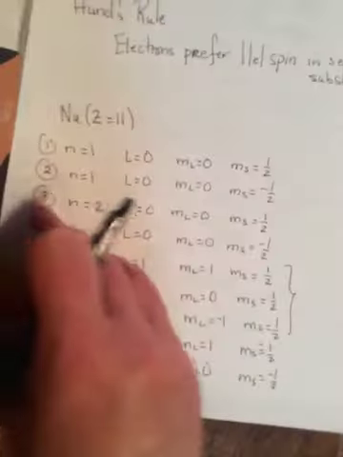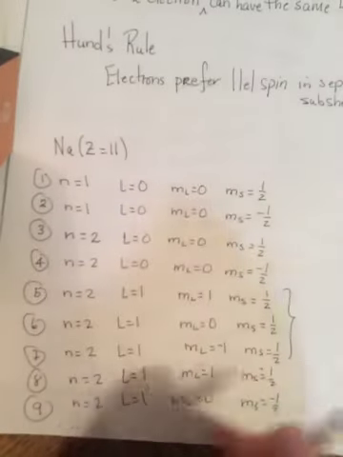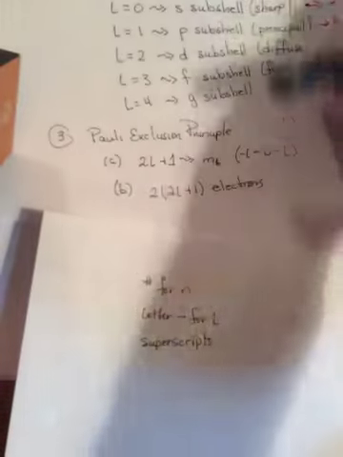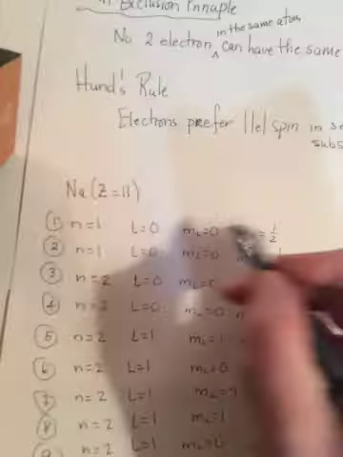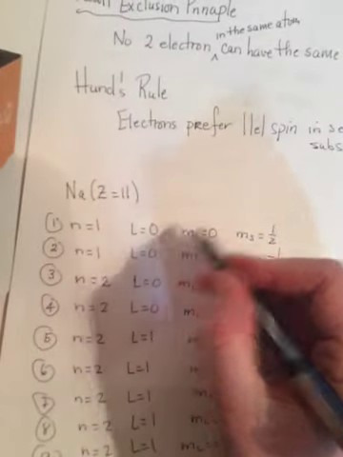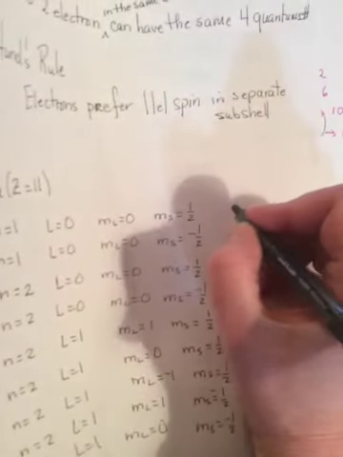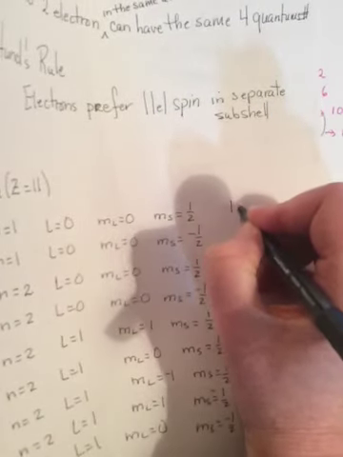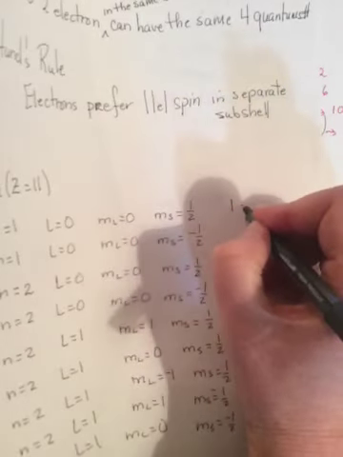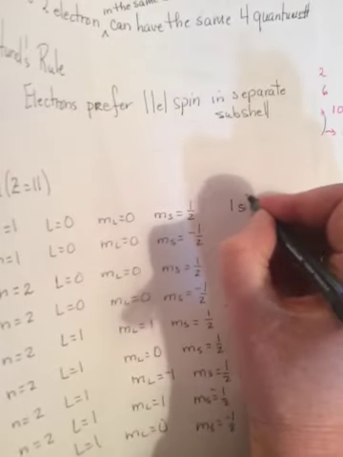So, instead of writing sodium out like this, we would say, okay, sodium has 11. The first 2 are in the n equals 1, L equals 0. L equals 0 we said was S, and there's 2.